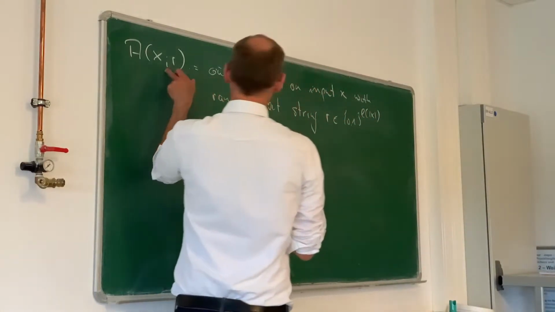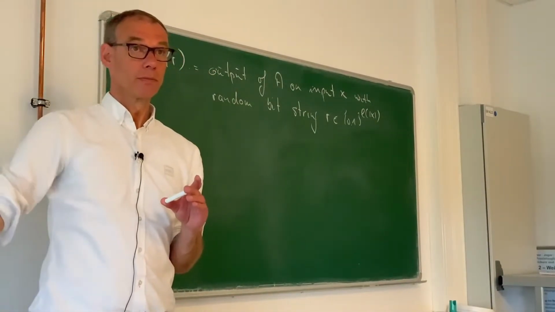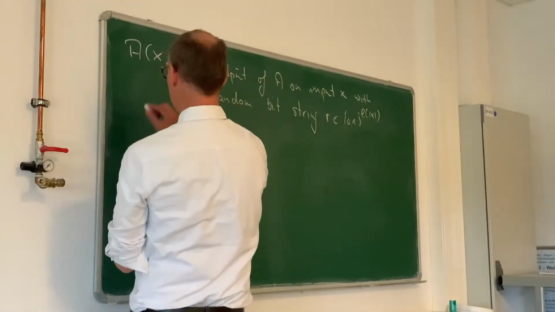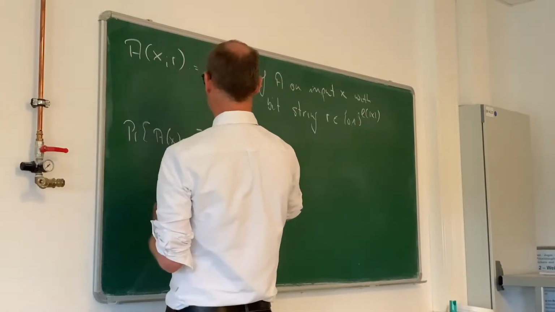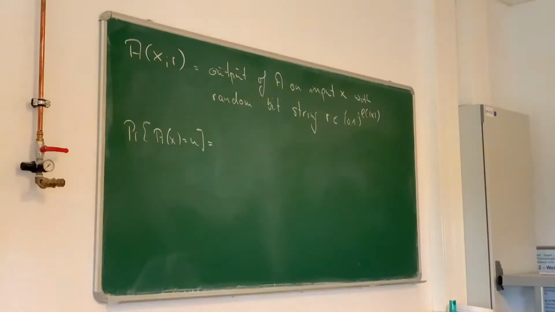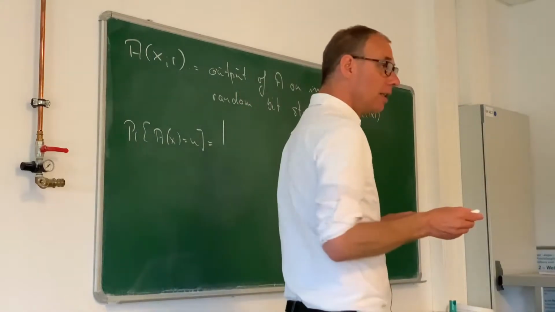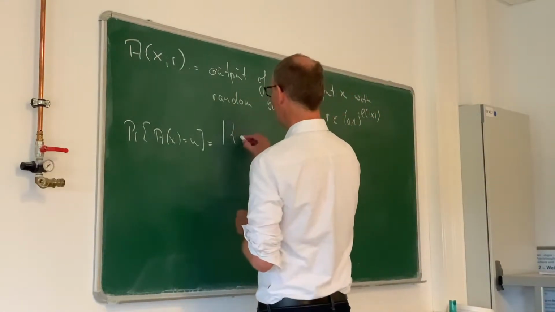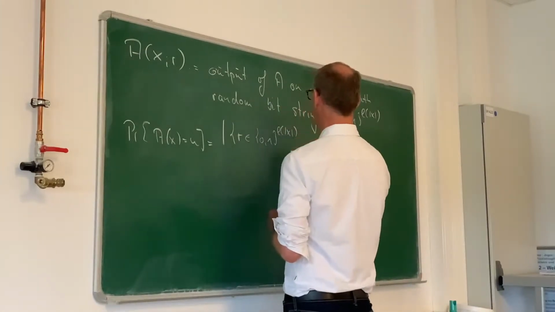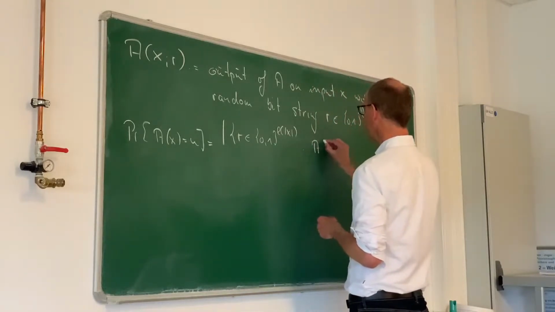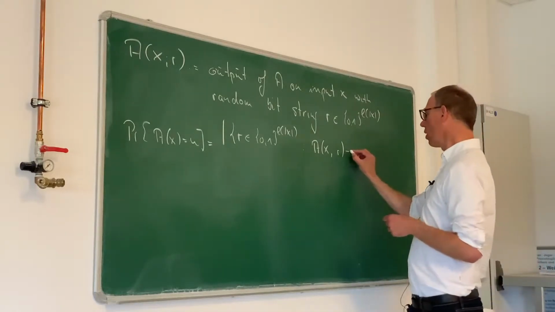I make a semicolon here because r is like the hidden input. And then this probability is the following. It's the size of a certain set, namely the size of all r in {0,1}^|x| such that A(x; r) gives us the output u.